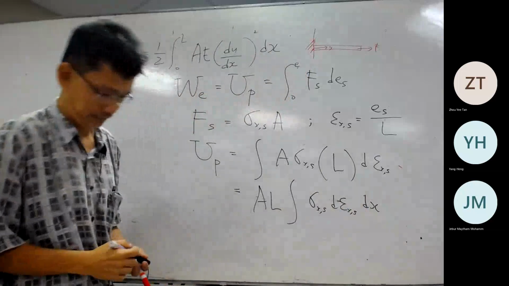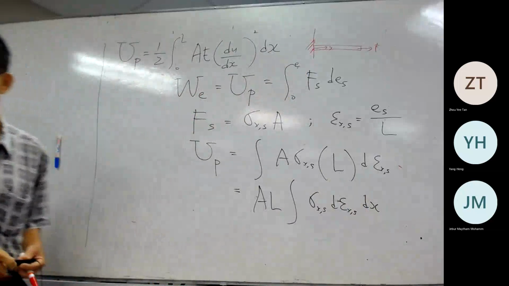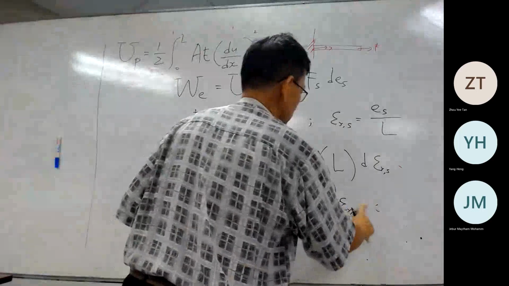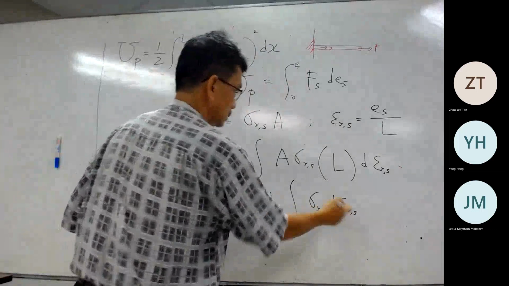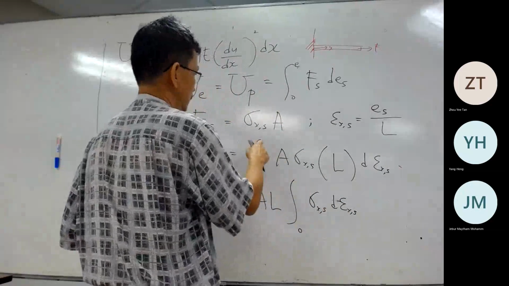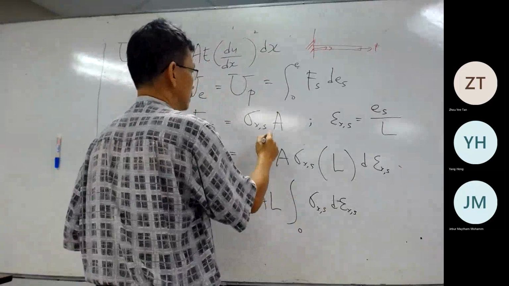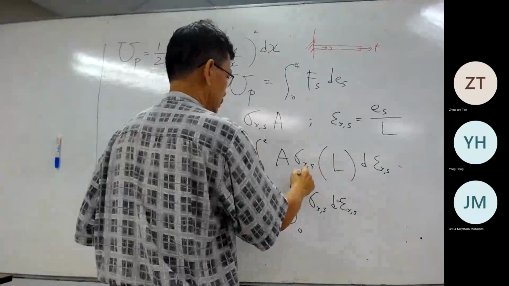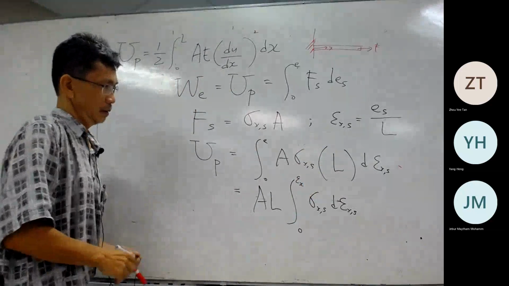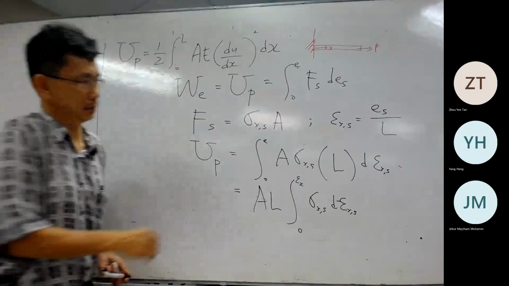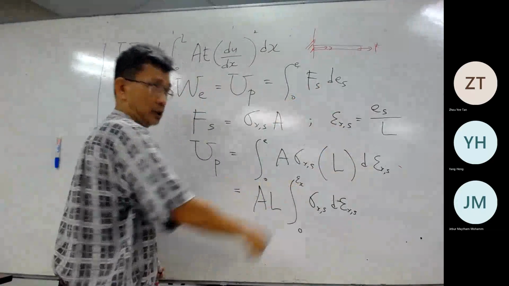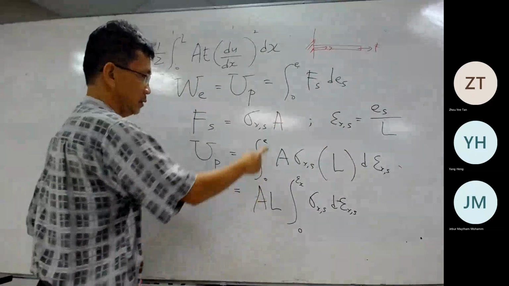And from the limit of E, we change to epsilon x now. Previously we related to E, now we relate to epsilon x from 0 to that.